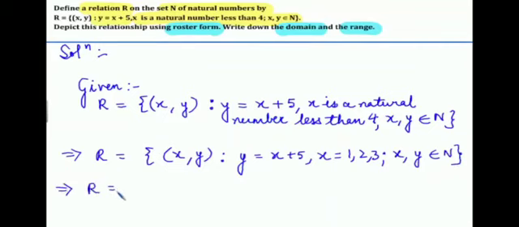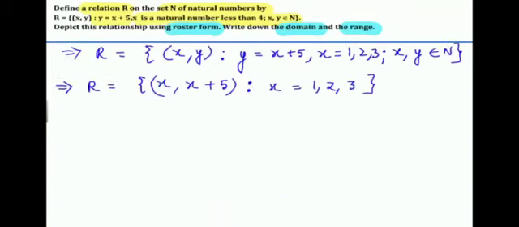So our relation becomes x and y, where y is equal to x plus 5, where x is equal to 1, 2, 3, and xy belongs to N. So if x is equal to 1, then y is equal to 6.